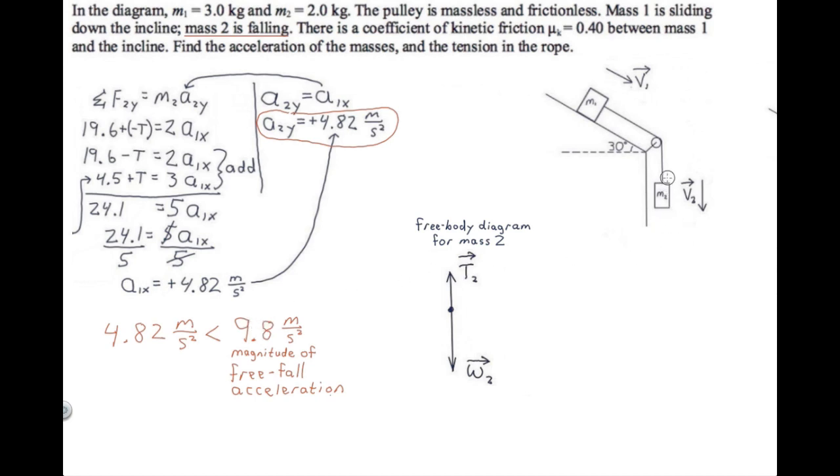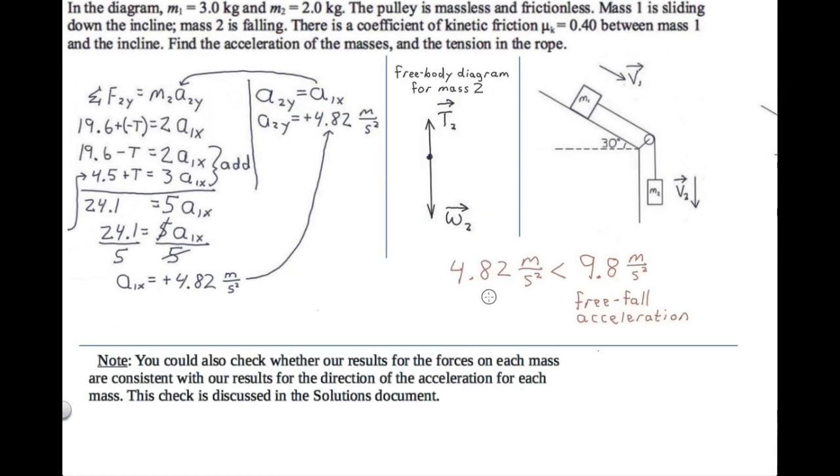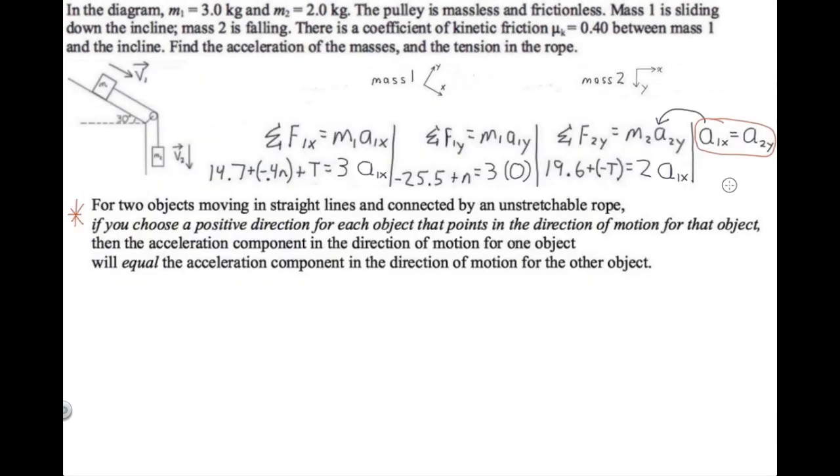Well, because mass 2 is being held back by the rope, mass 2 is not falling freely. So, yes, we would expect that mass 2 will fall with an acceleration that is smaller in magnitude than free fall acceleration. In our solution, we used this equation, a1x equals a2y.